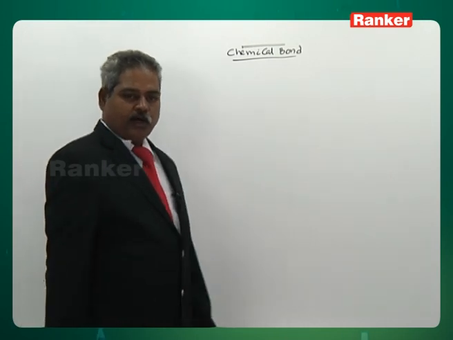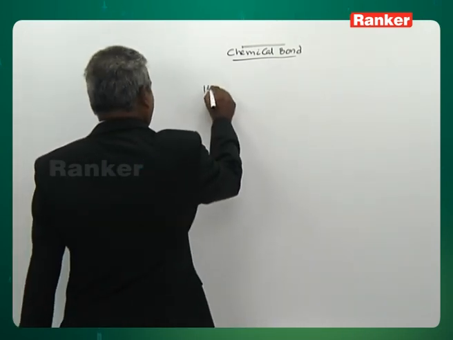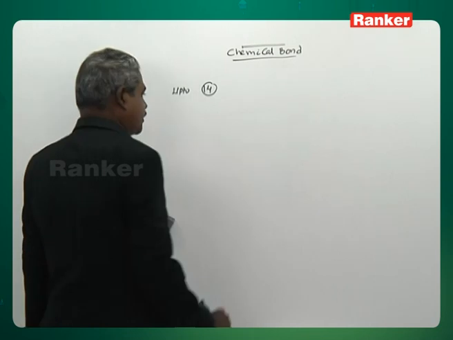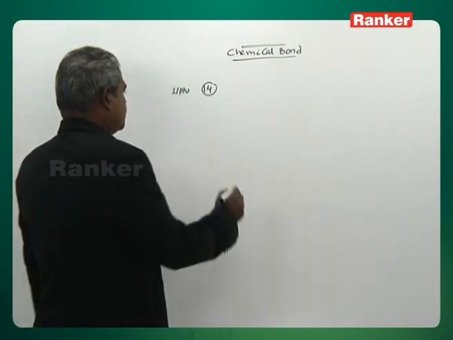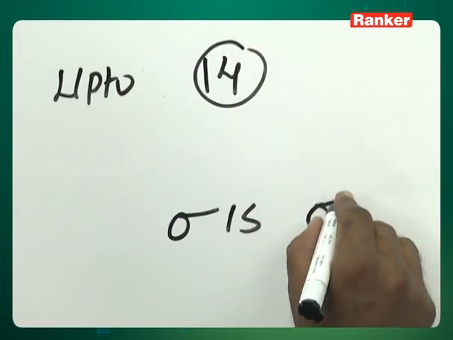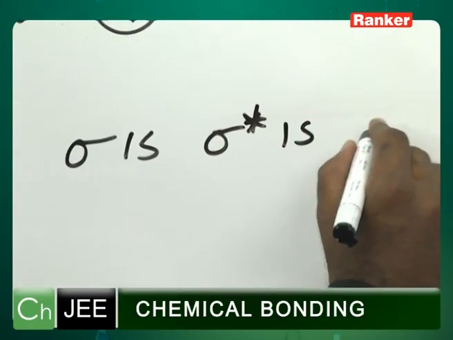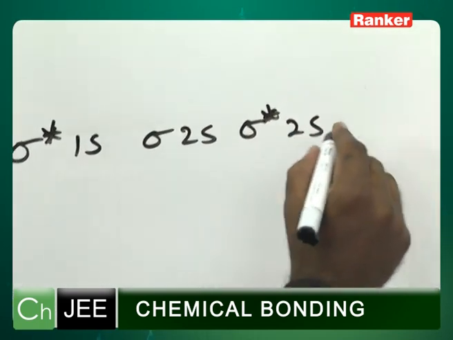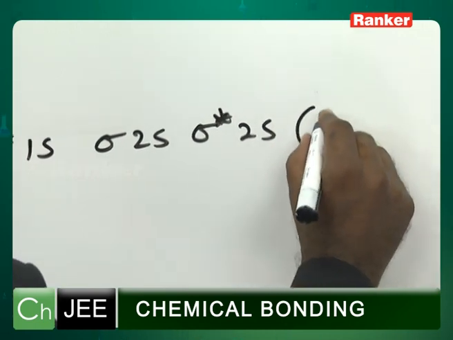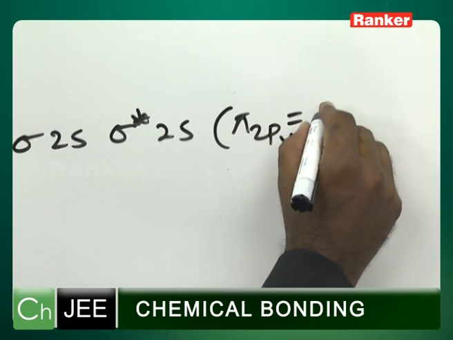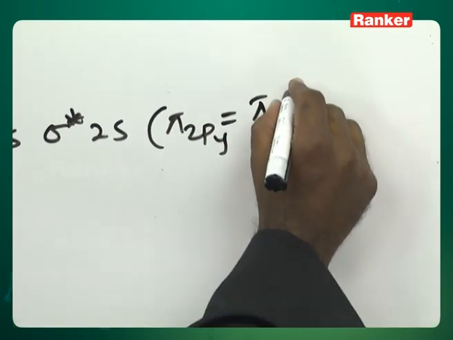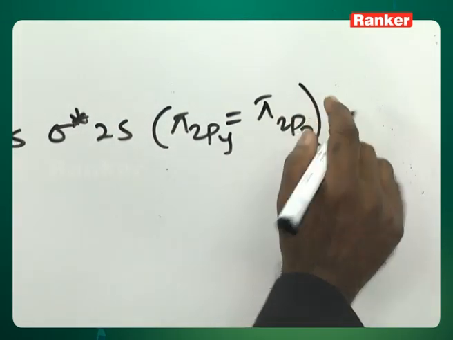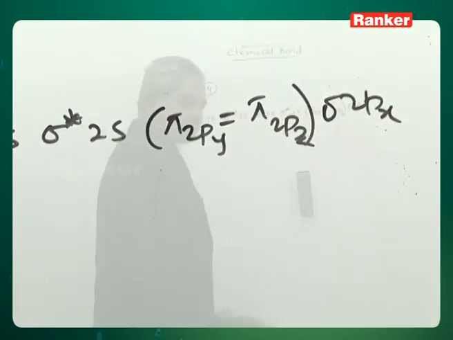Up to nitrogen, meaning up to 14 electrons, the electrons must be filled in the following manner: sigma 1s, sigma star 1s, sigma 2s, sigma star 2s, pi 2py equal to pi 2pz, then sigma 2px.